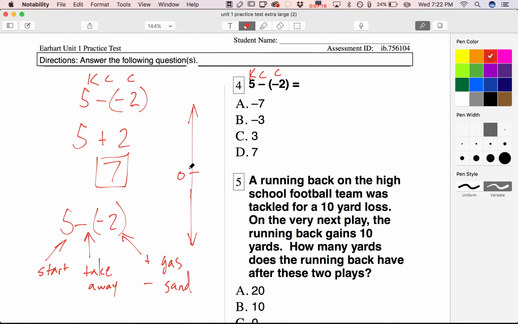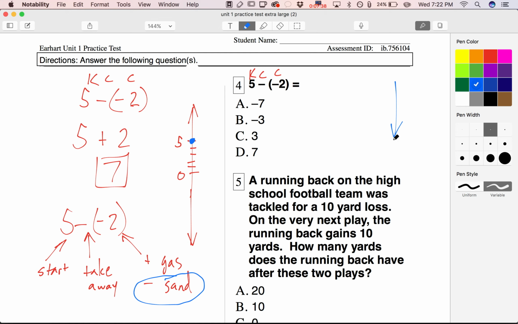So we would start at 5. Let's start at 5. 1, 2, 3, 4, 5. Okay, so this was 5 right here. Let's change the color. This is where the balloon should start. Now you are taking away sand. So it was negative, so you're taking away sand. Now sand makes the hot air balloon go down in this situation.